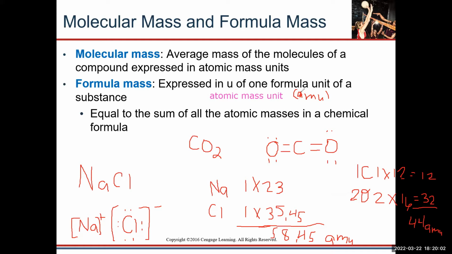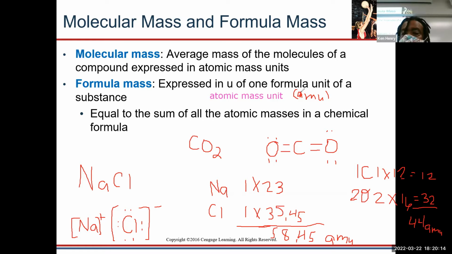So if it's an ionic compound, it's going to be the formula mass. If it's a covalent compound, it's going to be the molecular mass.